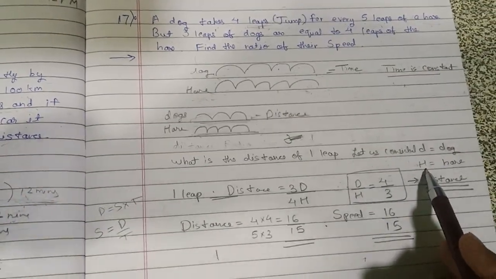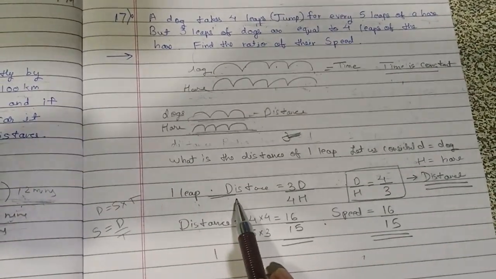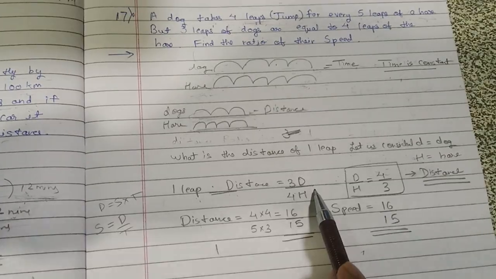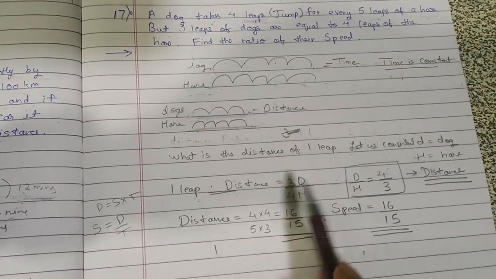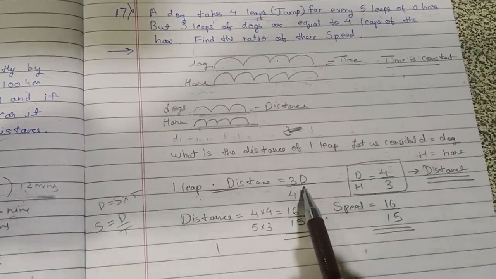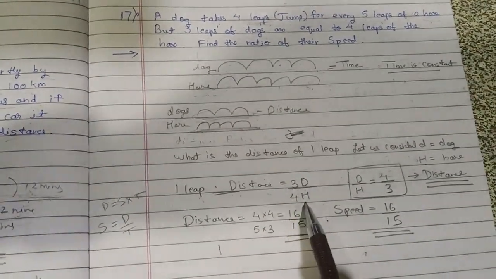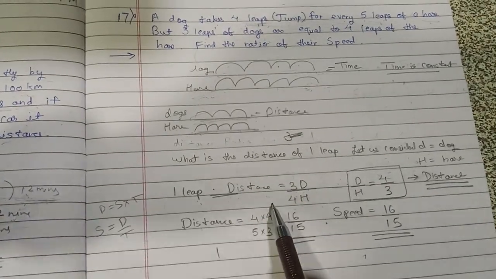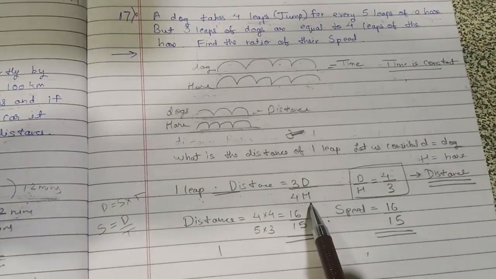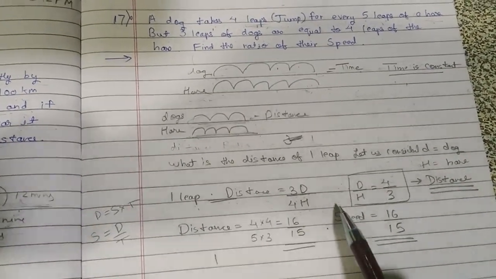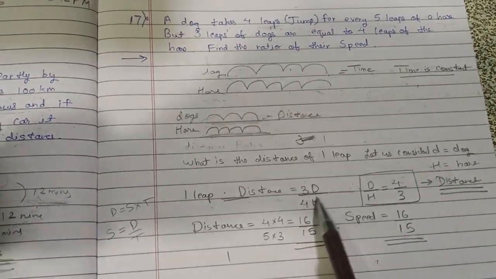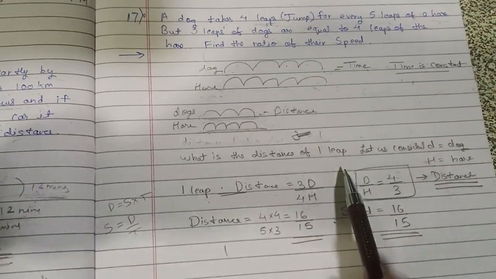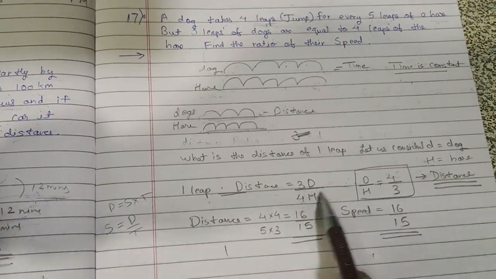So we just consider D for the dog and H for the hare. Basically, for one leap distance, it's 3 into D upon 4 into H. If I multiply 3 into D and 4 into H, I get the total distance of 3 jumps and 4 jumps of dog and hare. So if I want to calculate D and H, the one leap distance, D by H is equal to 4 by 3.